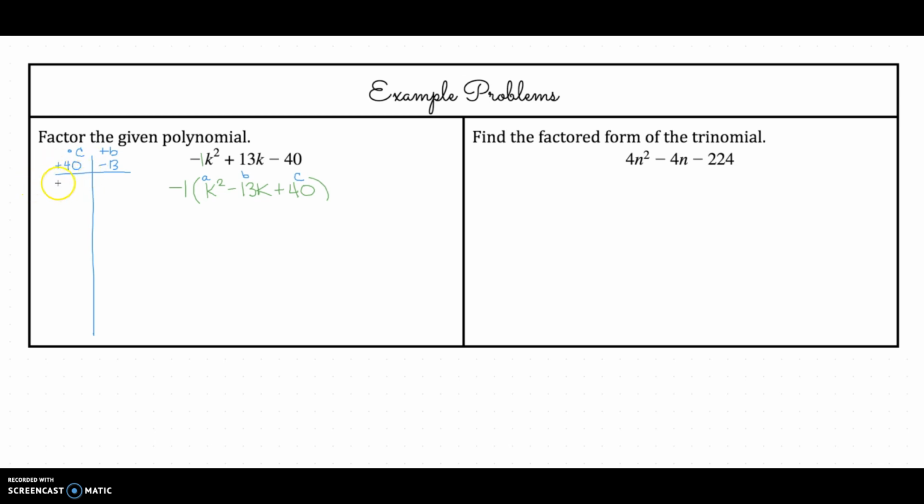So 40 divided by 1 is 40. So I have 1 and 40, but then also -1 and -40. 40 divided by 2 is 20. So I have +2 and +20, and then -2 and -20. 40 divided by 3 gives me a decimal, so I'm going to move on to 40 divided by 4.